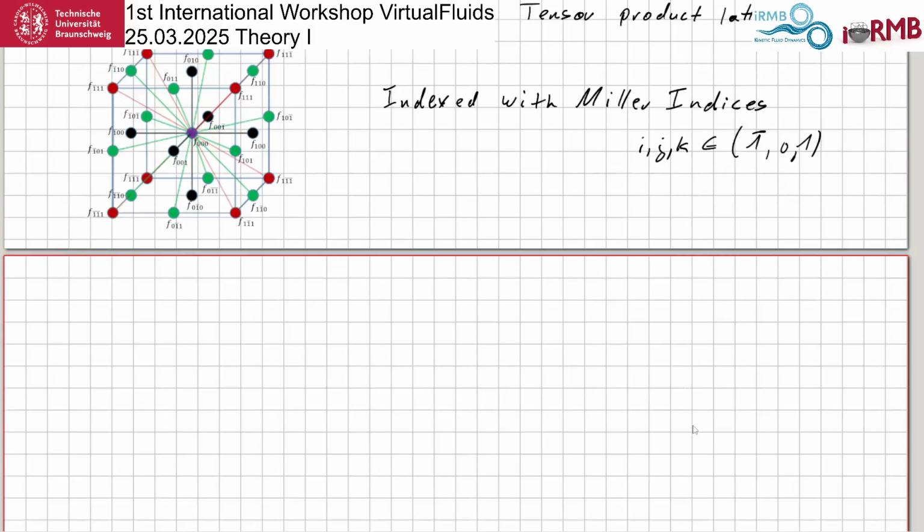Now we have to design a collision operator, and I already indicated we are not using the very simple single relaxation time collision operator, but we want to separate out different quantities.